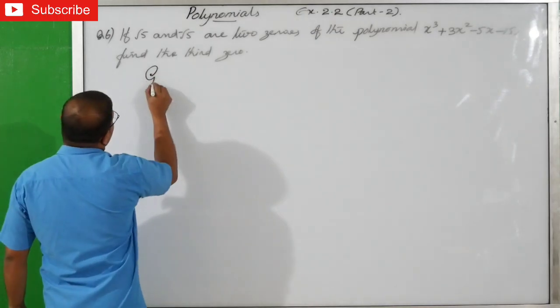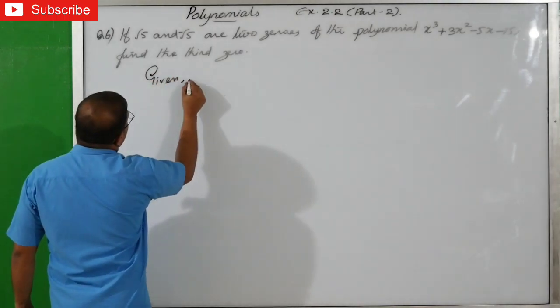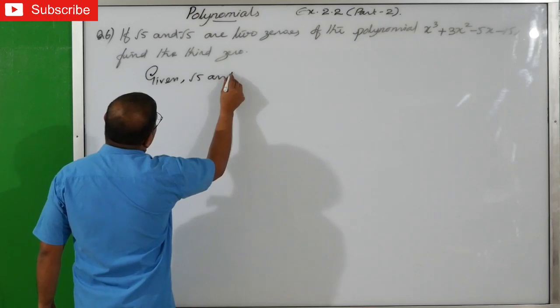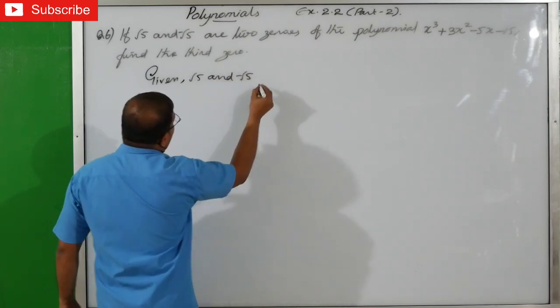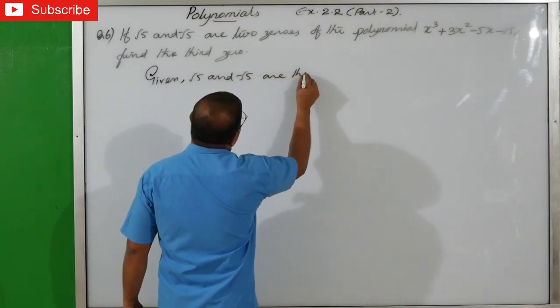First we can write given root 5 and minus root 5 are the zeros.